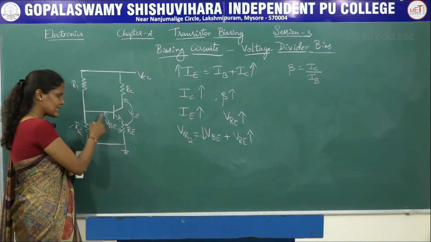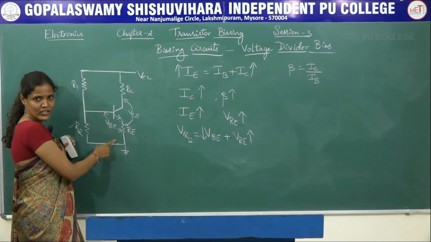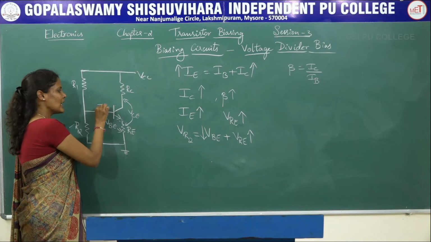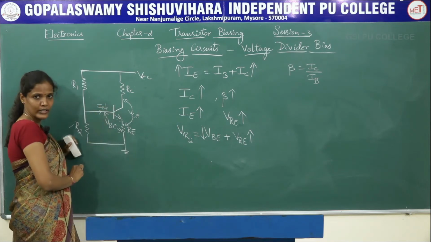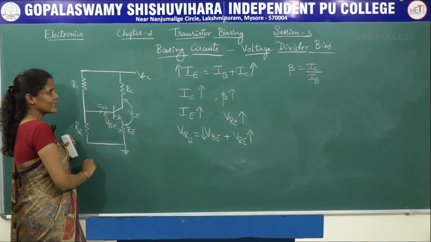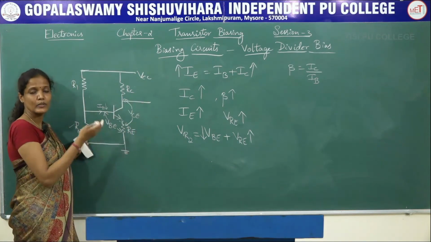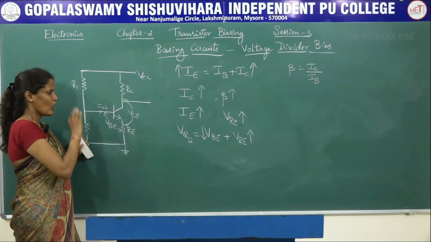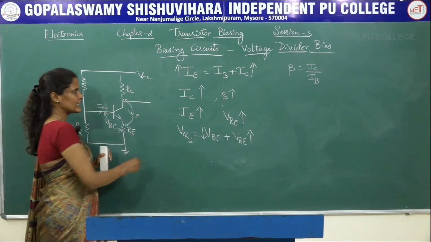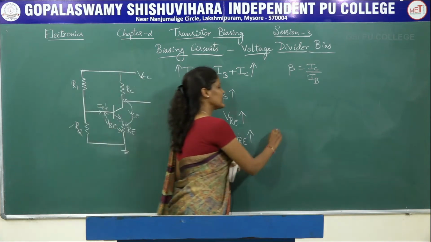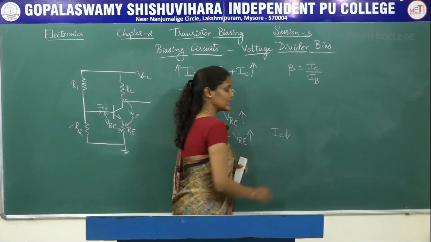If VBE is decreasing, the voltage across the base to emitter junction is decreasing, so the base current will also decrease. When the base current decreases, the output current, that is the collector current, will also decrease. On the whole, the IC value will decrease by as much as it had initially increased.